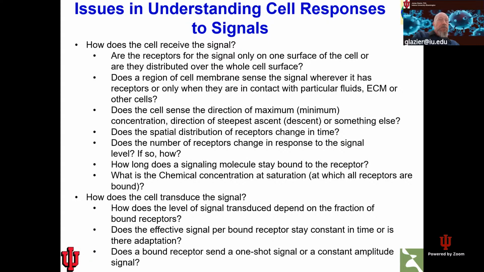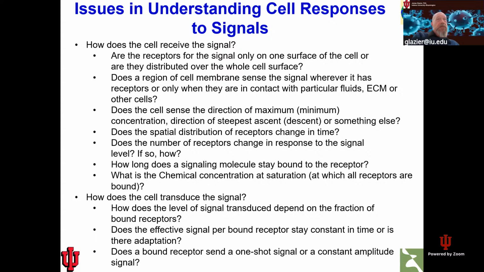And we know that there are situations, for example, if the chemical concentration is too high, the receptors are saturated and the cell stops responding. So for very low concentrations, there's no response. At intermediate concentrations, you have response, and then at high concentrations, you don't respond again.